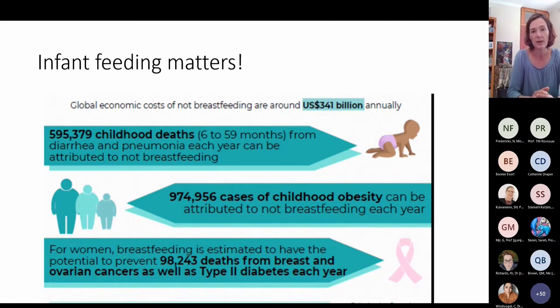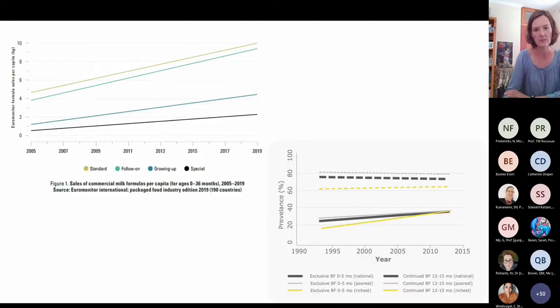And the decisions about infant feeding should be free from commercial interests. It's been estimated that the economic cost of not breastfeeding, according to WHO recommendations, for South Africa is around $2.2 billion, and globally around $341 billion are lost due to suboptimal breastfeeding practices.